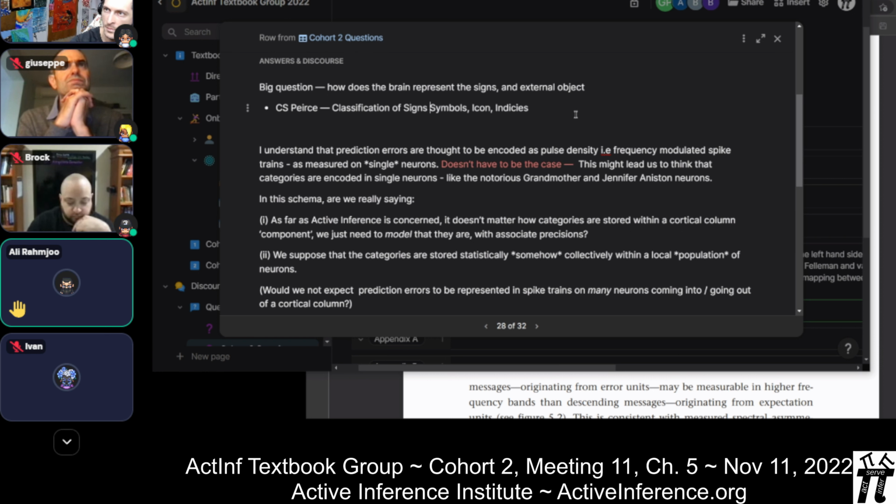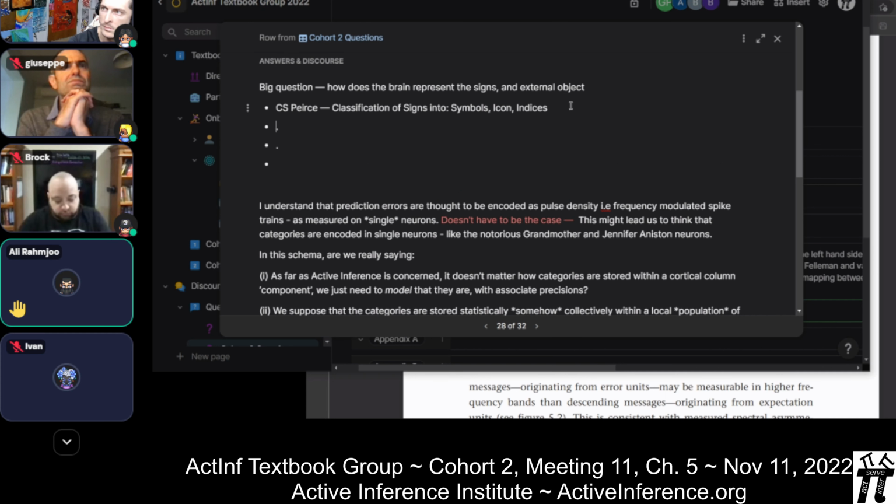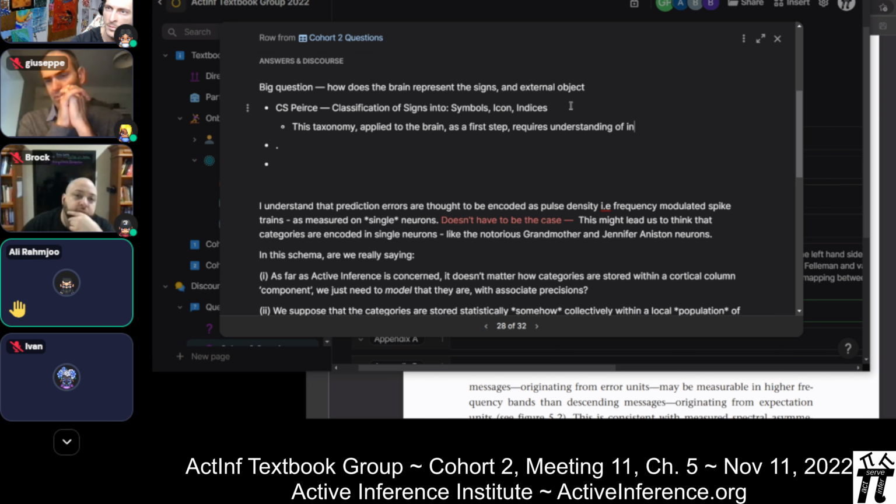But when we apply this taxonomy to the representation mechanism of the brain, basically what we need at the very first step is to understand how the brain represents indices and icons as a kind of representation process that would need a minimal amount of consciousness, right?